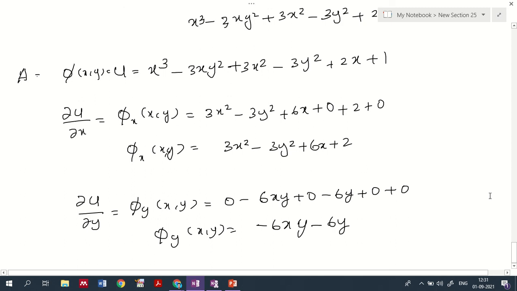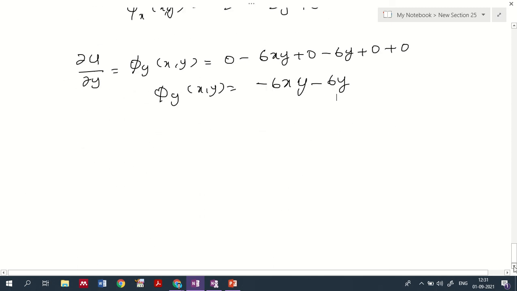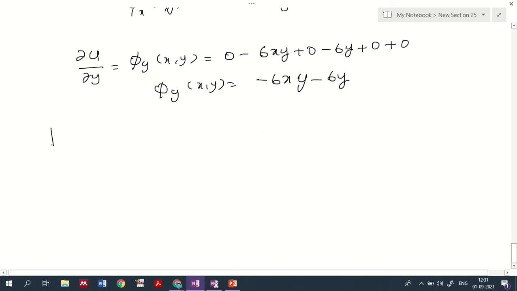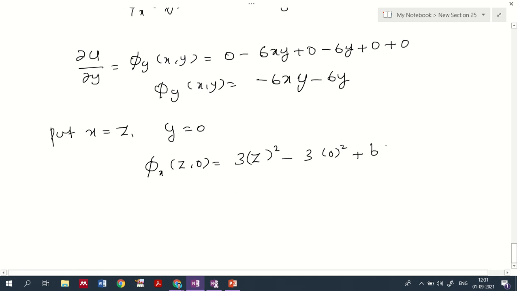Okay, now the third step is what? Third step is put x is equal to z and y is equal to 0 in the phi of x and phi of y. So that is phi x of z, 0, which is equal to, if I put x is equal to z there, then I'll be getting 3z square minus 3 into 0 square, because y equal to 0, plus 6z plus 2 will be there.